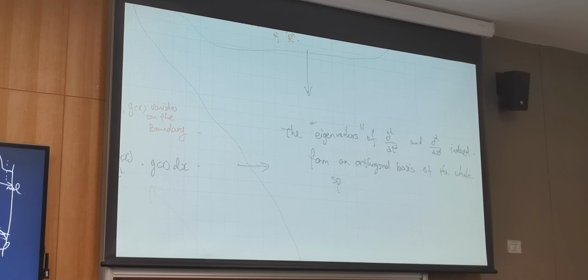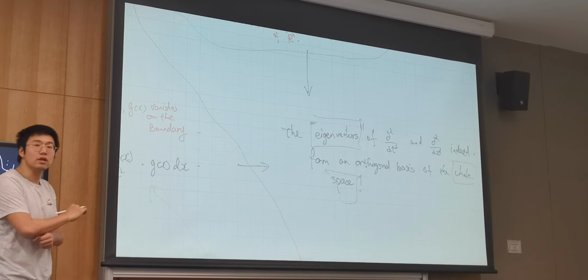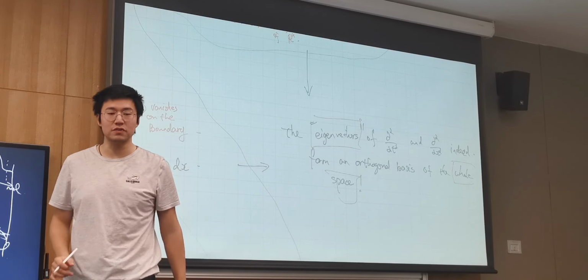What space? Then the question is, first of all, what are the eigenvectors? And second, what is the whole space?